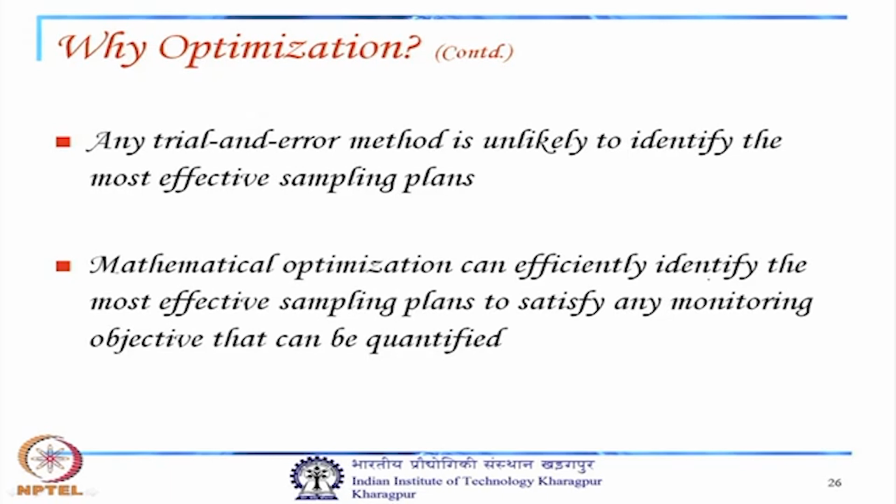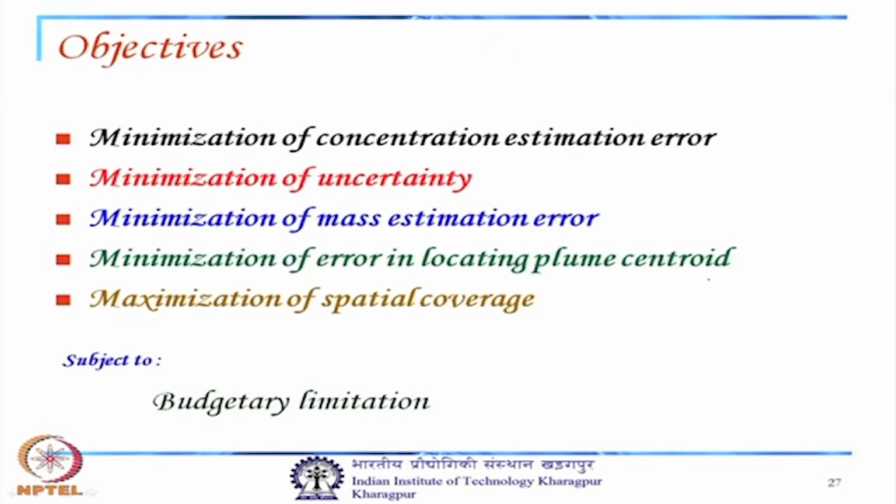So, objectives for monitoring: one objective is minimization of concentration estimation error, second is minimization of uncertainty, third is mass estimation error, minimization of error in locating plume centroids, maximization of spatial coverage, and all are subject to budgetary limitation.